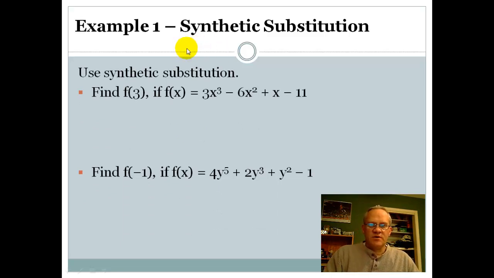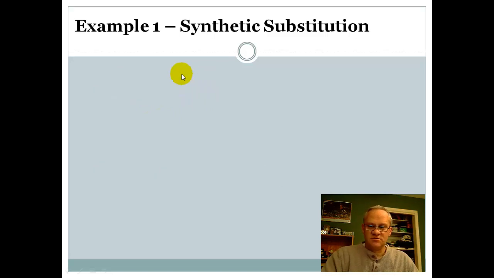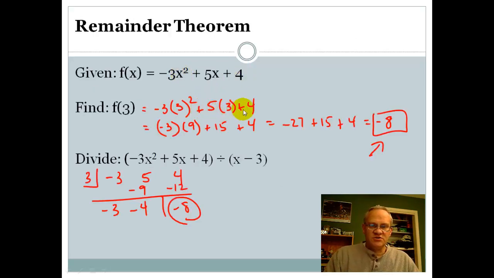So remember, if we're going to evaluate f of 3, then, now, I should have mentioned here as well that when we divided this, we divided it by x minus 3. We've done that before. But then I put in positive 3. Remember, we changed it.